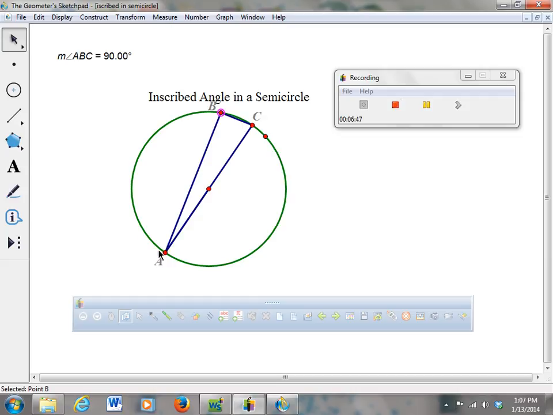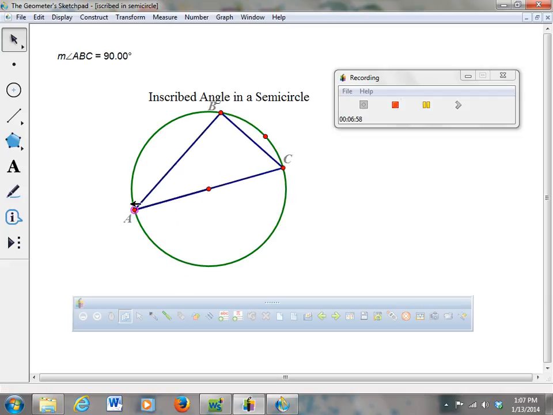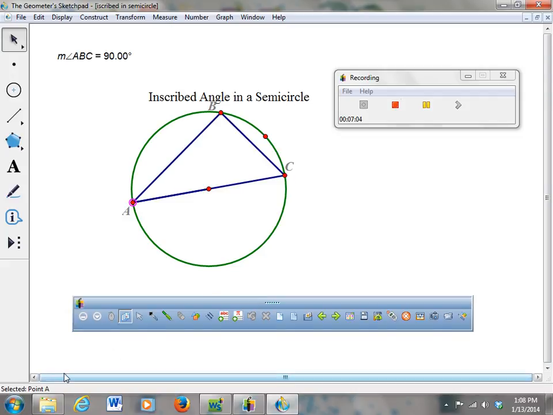See that? And that's conjecture C62: angles inscribed in a semicircle are right angles, so 90 degree angles. Questions on that?